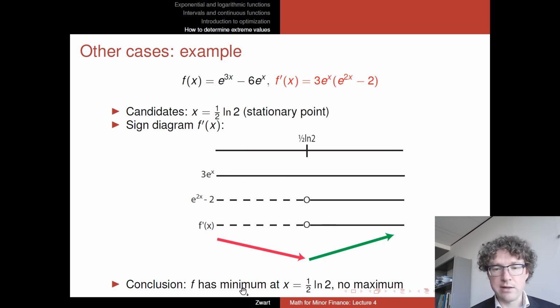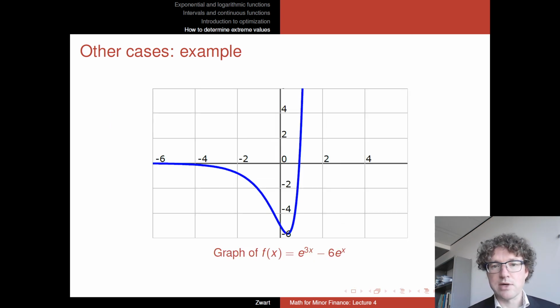There are no other candidates, so there's no maximum. So we will not guarantee there is a maximum. Indeed, there is none. So let's have a look at the graph, and this is the graph. You see indeed at this x equals a half log 2, this function attains its minimum, and this function never attains a maximum. It runs off all the way to infinity on the right hand side.